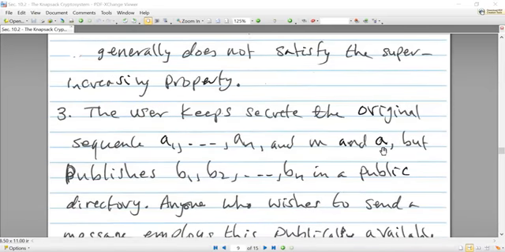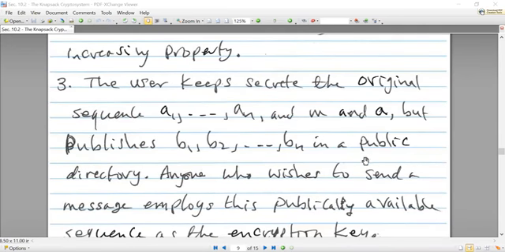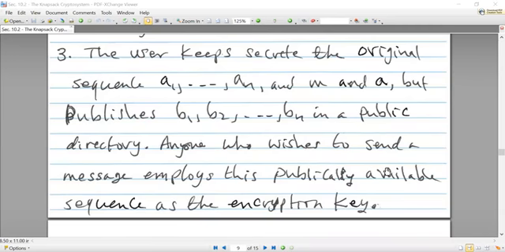Anyone wanting to send a message to this person will use the public key to encrypt a message and send it as an encrypted message, and the other person, with the secret key A1 to AN and the M and the A, will decrypt. Let's see how this is actually done.